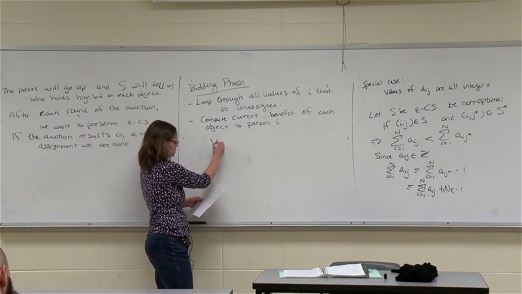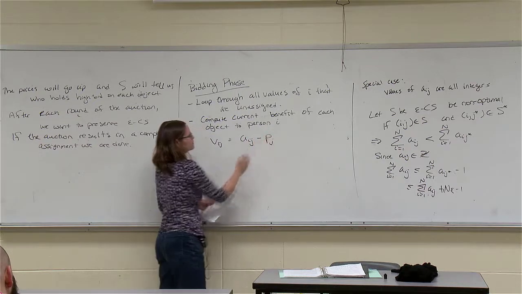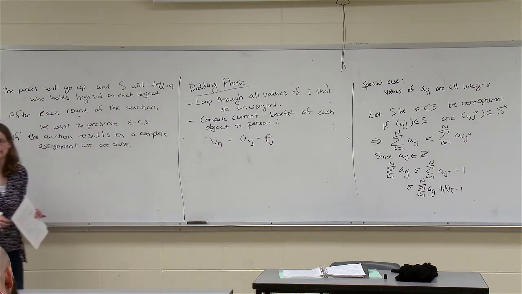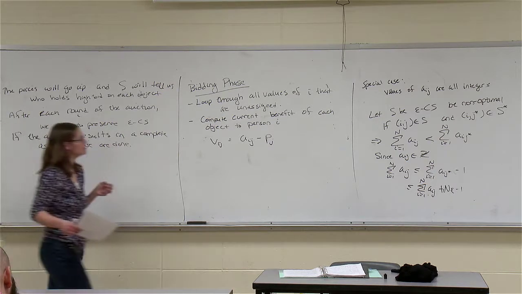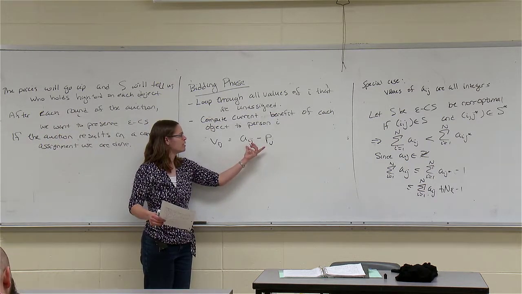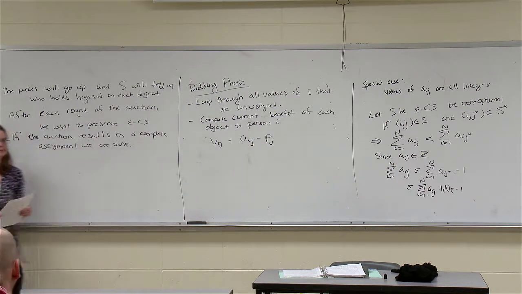This we called a_ij minus p_j. Under the current pricing scheme, the current price of each object is the current high bid on it. He says, I look at how much I want it minus how much it costs. What does that give me?